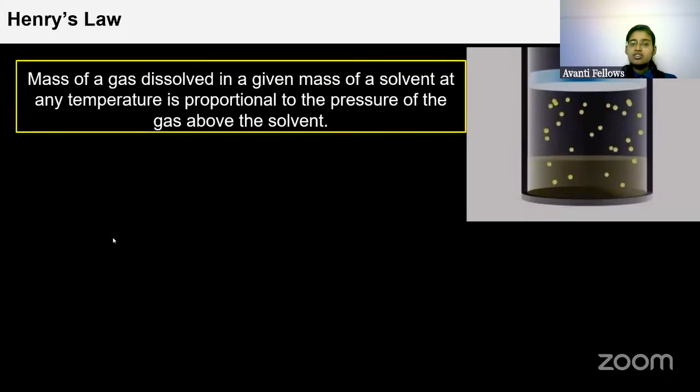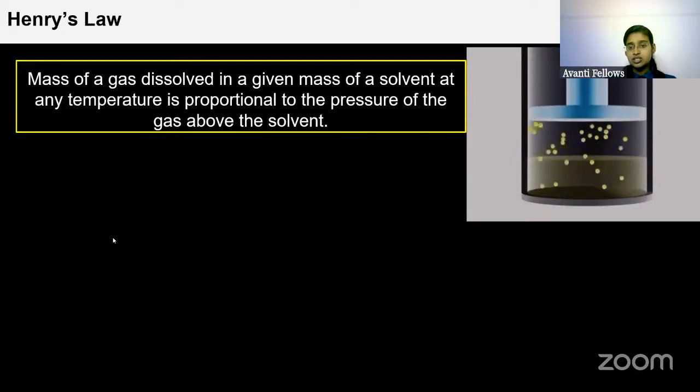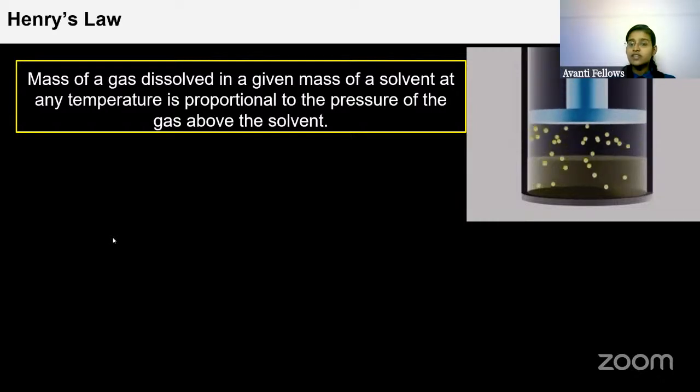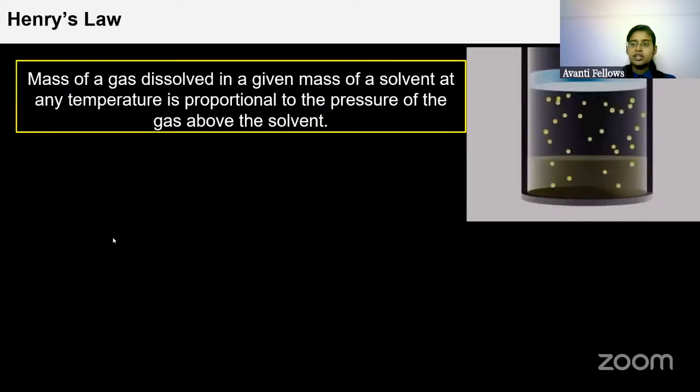The mass of a gas dissolved in a given mass of a solvent at any temperature is proportional to the pressure of the gas above the solvent. So what they are trying to say is, the mass is directly proportional to the pressure.